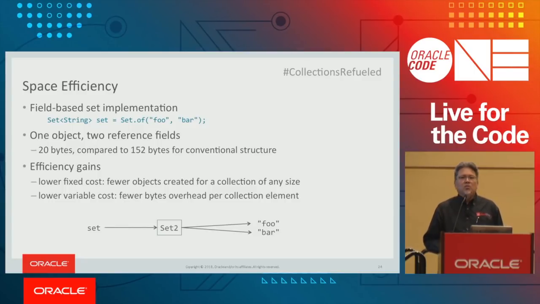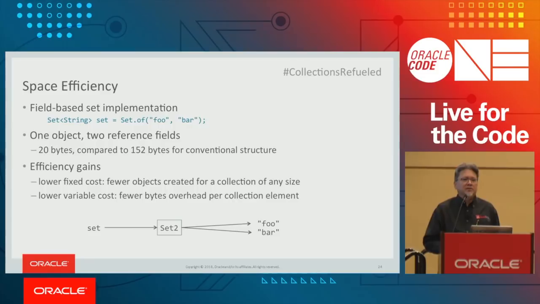For small collections, instead of having an array, which is a separate object containing the elements, we actually have fields that store them. Currently, and this is subject to change based on various performance trade-offs, if you have a list or a set that contains 0, 1, or 2 objects, then there's no separate array to contain those.